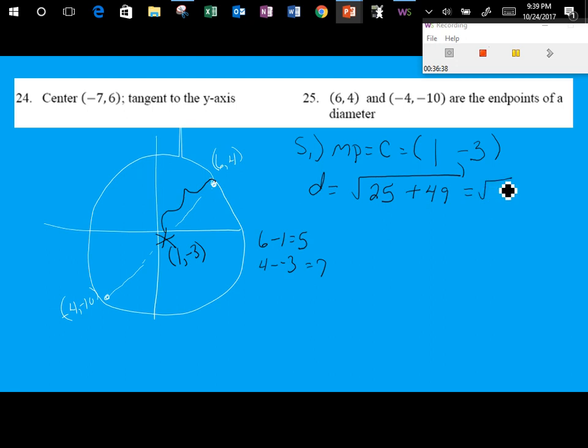Add those up, you're going to get the square root of 74. Now, your final answer? My center is at 1, negative 3, (x minus 1) squared plus (y plus 3) squared equals 74. I squared the square root of 74 and got the answer.